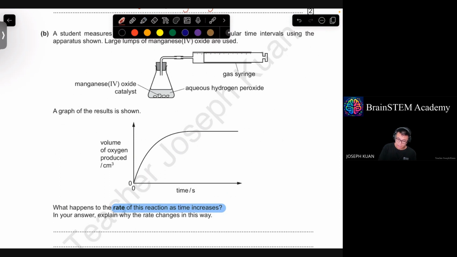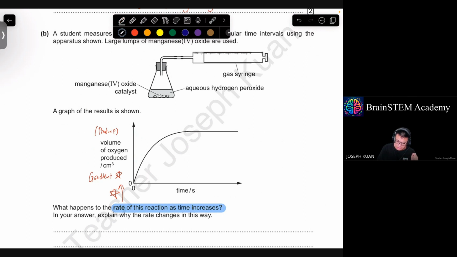Now, be very careful of this one. Your y-axis in the graph is not rate, you see. It's actually product formation. So we have to not just observe the y-axis, but in order to observe rate, we must look at the gradient of the graph, not the y-axis directly.